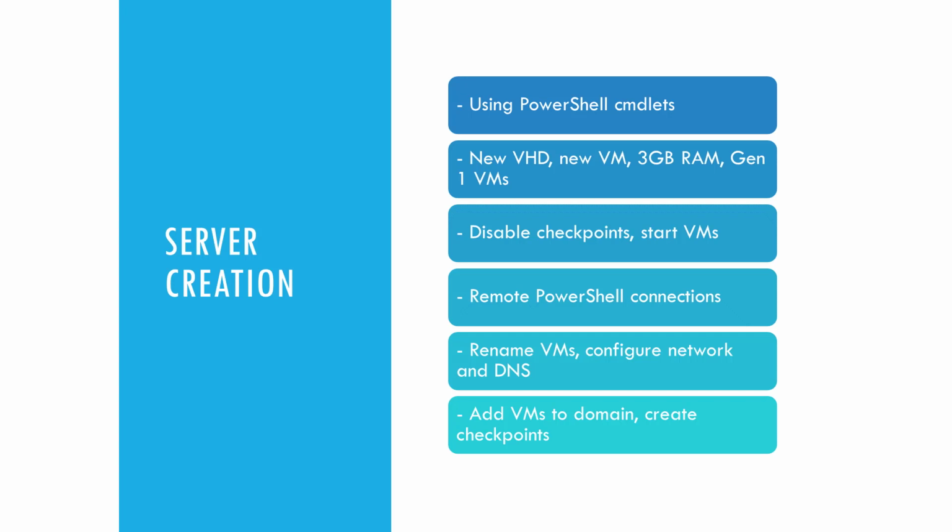Then I'll disable checkpoints, start virtual machines, establish remote PowerShell connections to these virtual machines using a credentials variable, then rename these virtual machines to FS1, FS2, and FS3 respectively, configure network adapters to .40, .41, .42, and configure DNS settings. Then I'll add these virtual machines to the domain and create checkpoints.